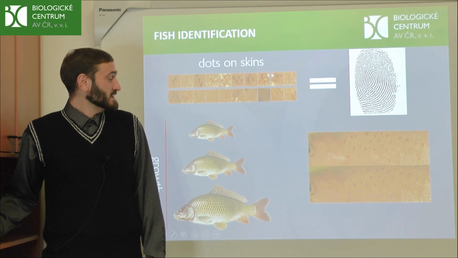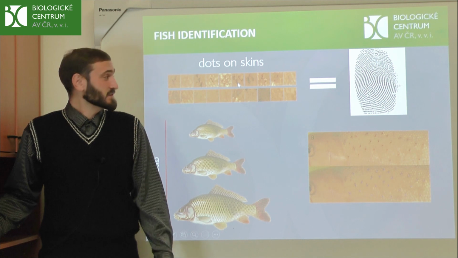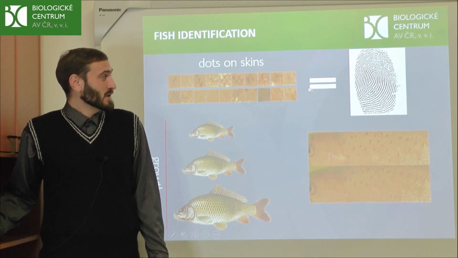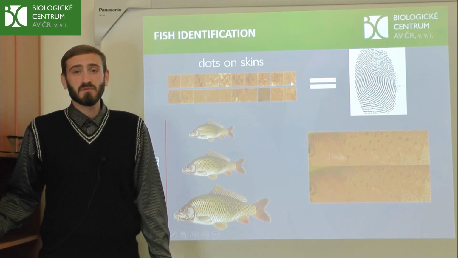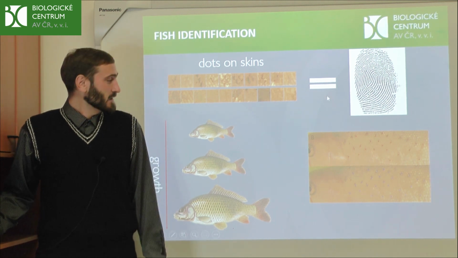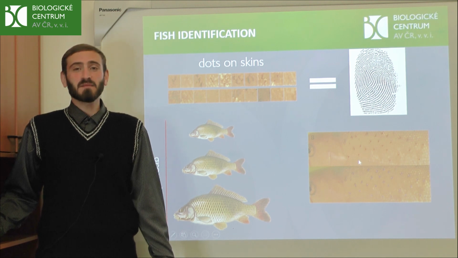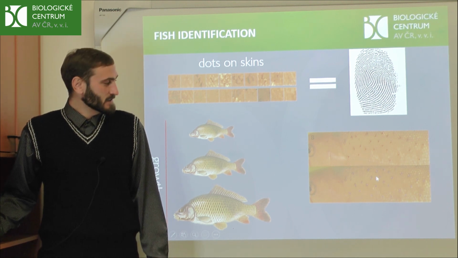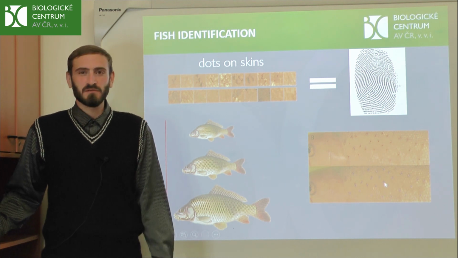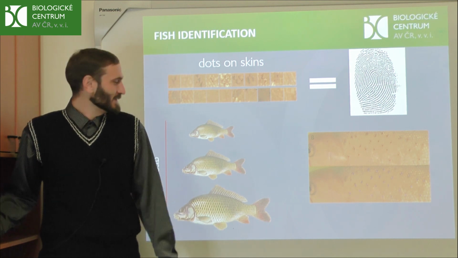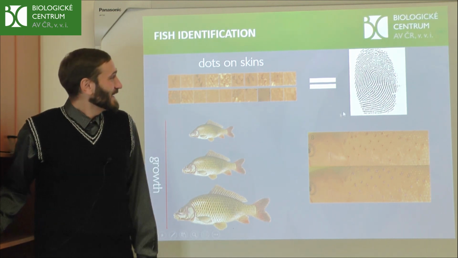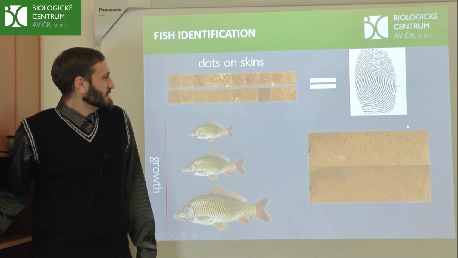On the skin of the fish we have dots, which are somewhat like fingerprints in humans, so they do not change much during life. With our trained models we can easily detect these dots on the photo and say, okay, it's our fish Alex, we know him quite well. So that's fish identification.